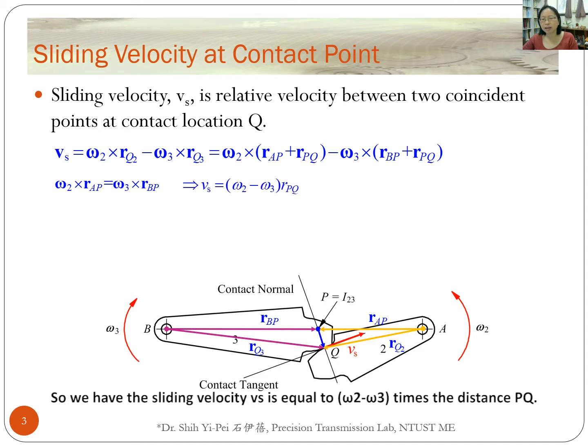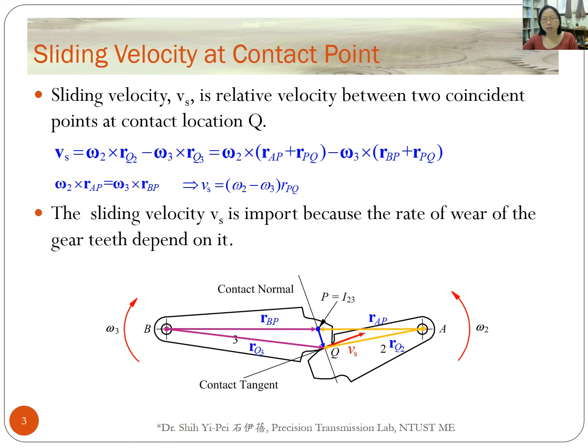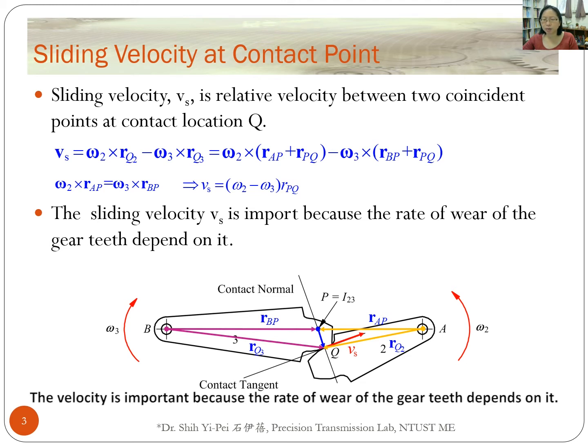We have the sliding velocity Vs is equal to omega 2 minus omega 3 times the distance PQ. This sliding velocity is proportional to the distance PQ. The velocity is important because the rate of wear of the gear teeth depends on it.